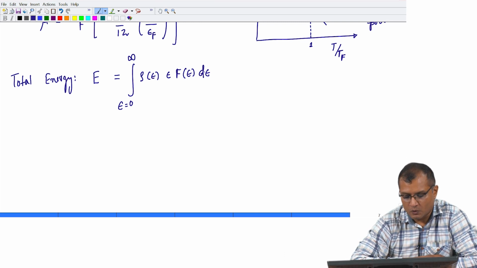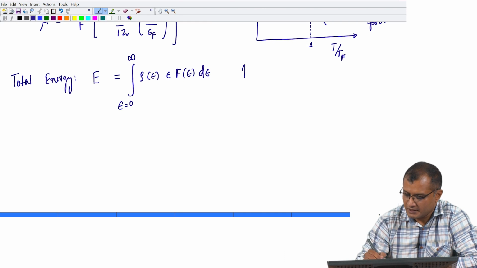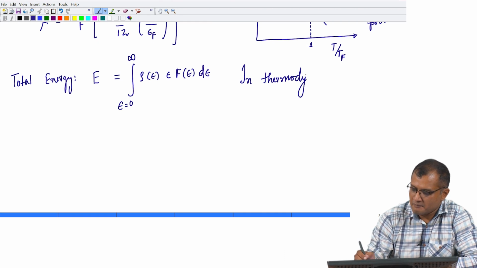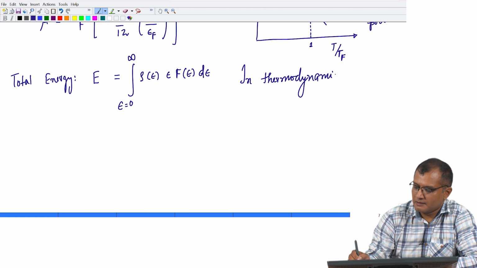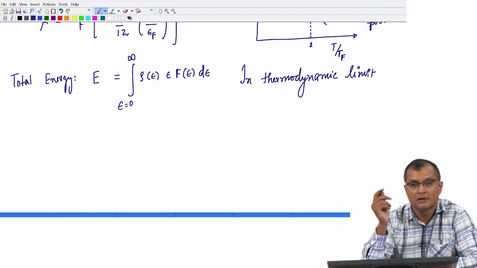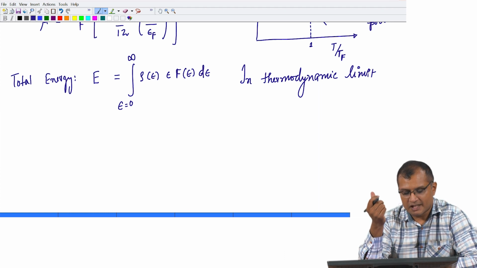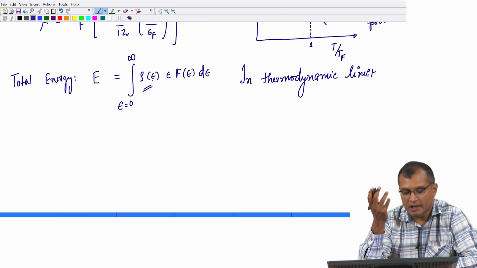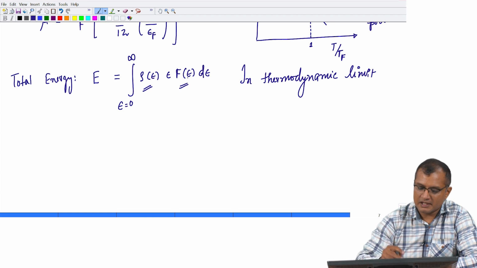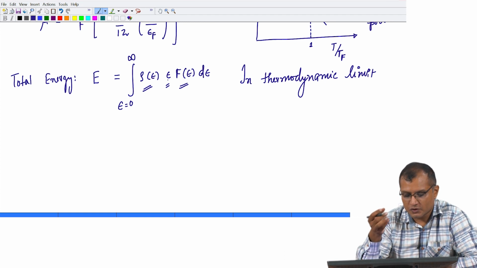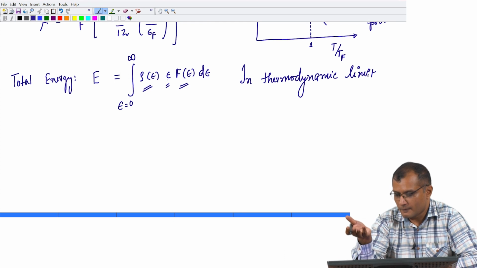This is what we know in the continuum limit, okay, in the thermodynamic limit. That we already know. Our sum has become an integral, the density of states is rho E, and this is our Fermi function, and that is the value of energy. Okay. So, the total energy is nothing but this integral.